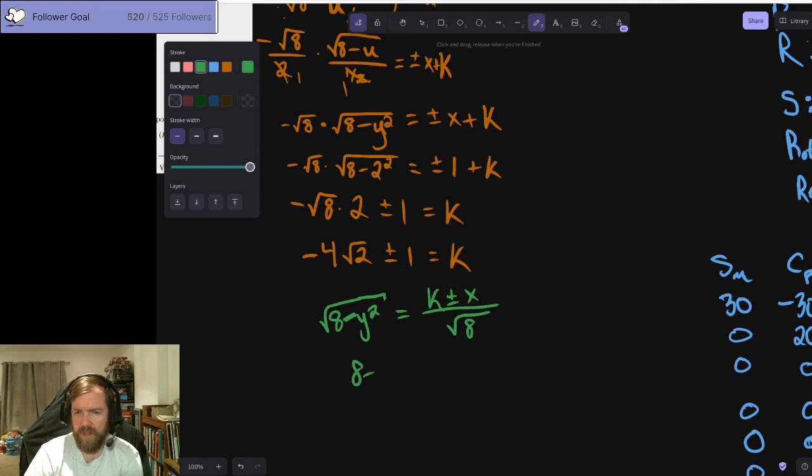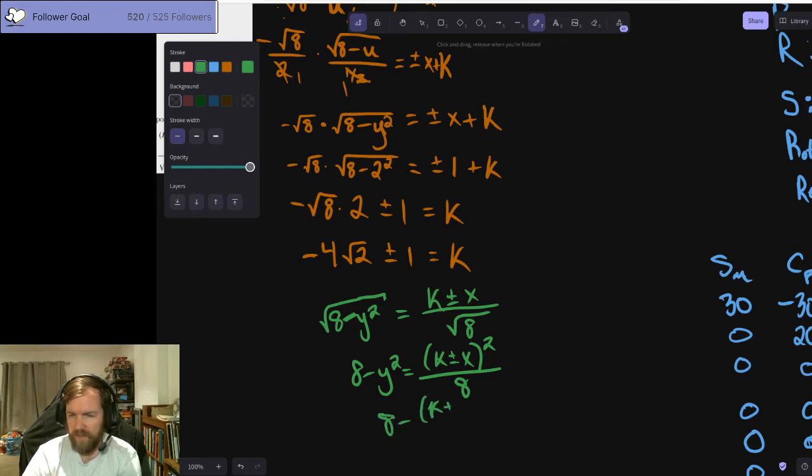Okay, so this is going to be 8 minus y squared is equal to (k plus or minus x) squared over 8. Alright, 8 minus (k plus or minus x) all squared over 8 is equal to y squared.